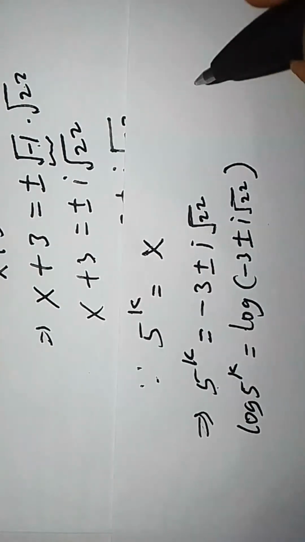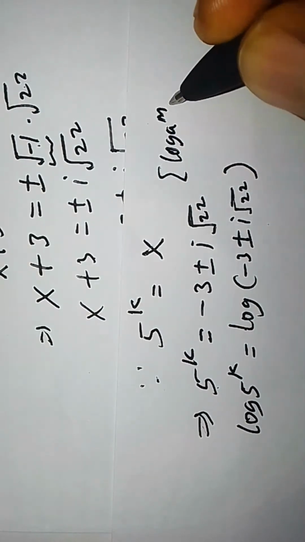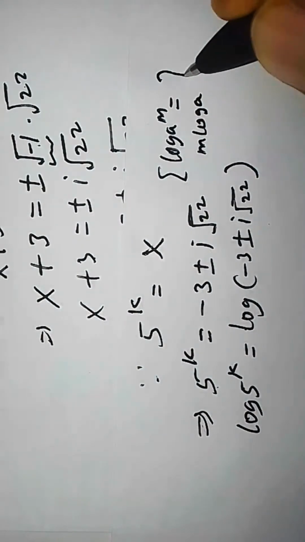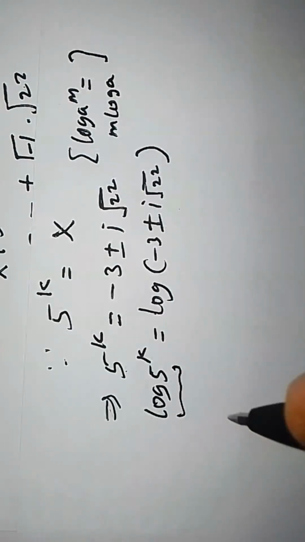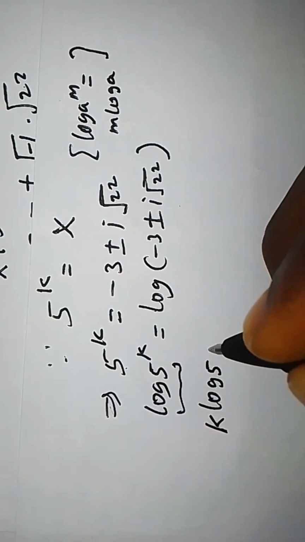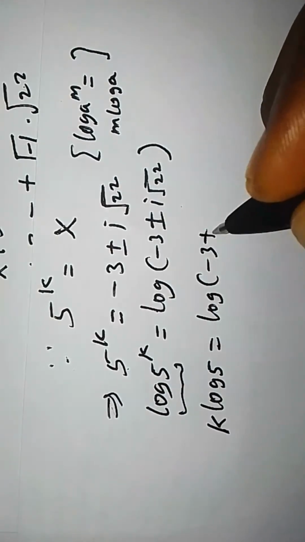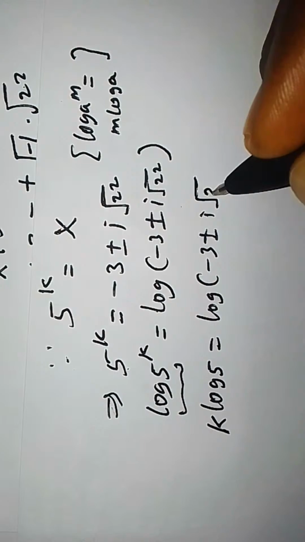Recall that log a^m is equal to m times log a. Using this identity on the left hand side, that would be k log 5 = log(-3 ± i√22).